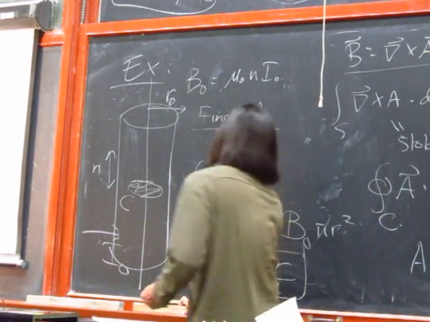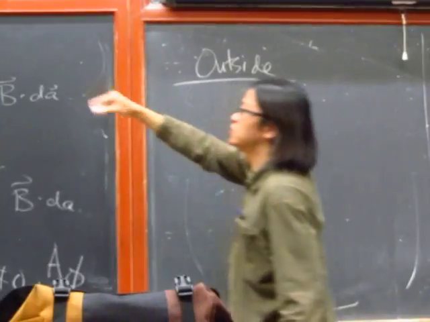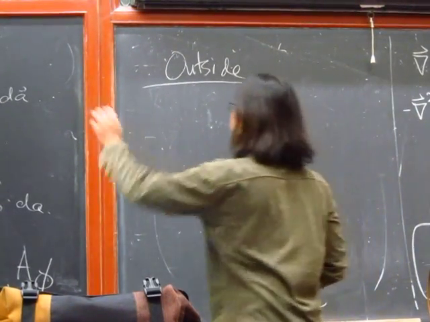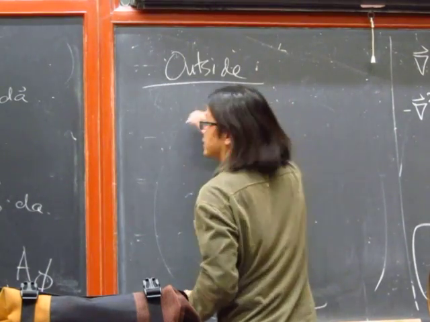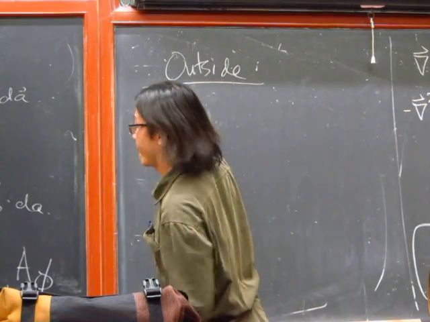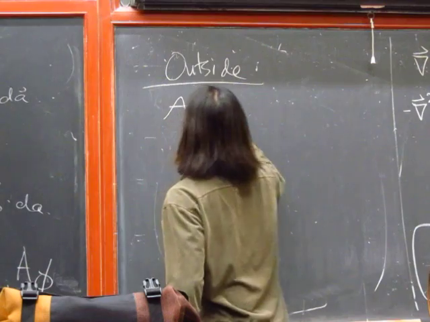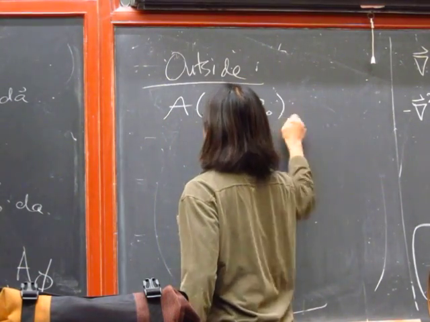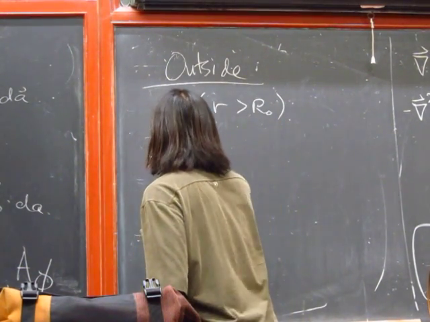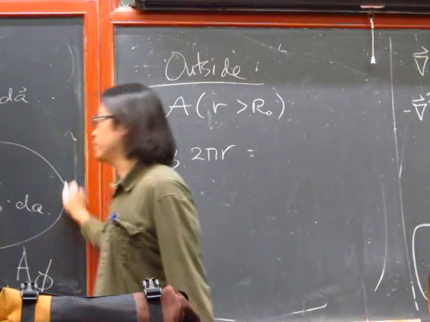And you can do the same thing outside. This discussion should remind you of things in electrostatics. Outside, if I look at A for r bigger than r naught, then again A phi times 2 pi r has to be equal to the flux of B through the surface.